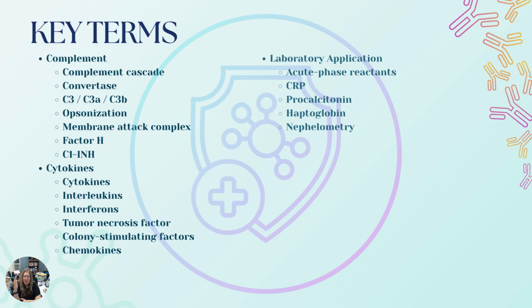On the cytokine side, we'll distinguish some of the major families, including interleukins, interferons, TNF, colony stimulating factors, and chemokines. Then we'll finish with laboratory markers such as C-reactive protein or CRP and other acute phase reactants or acute phase proteins. By the end of this lesson, these terms should have a context rather than just being definitions.